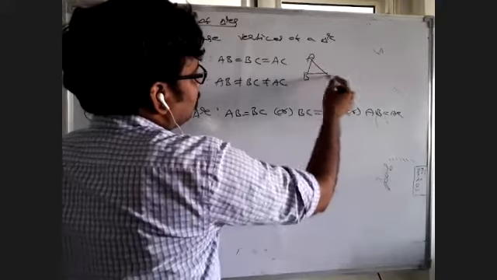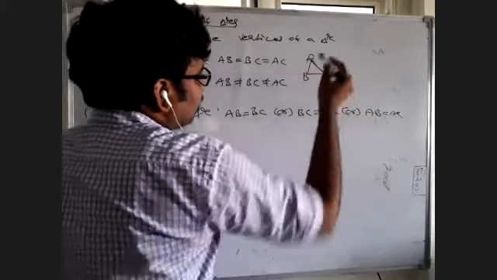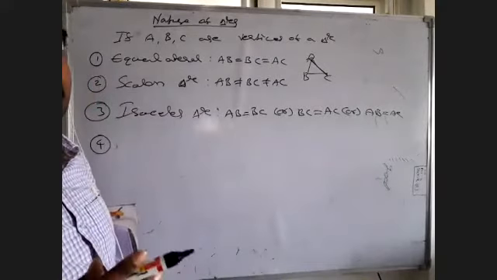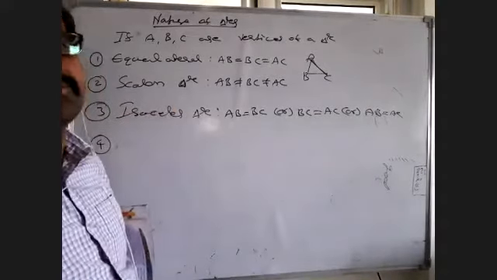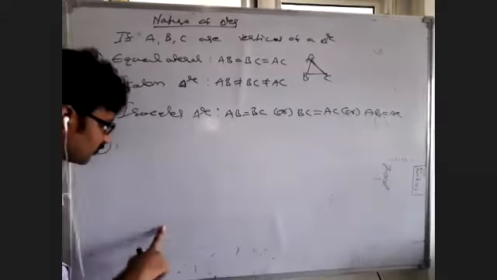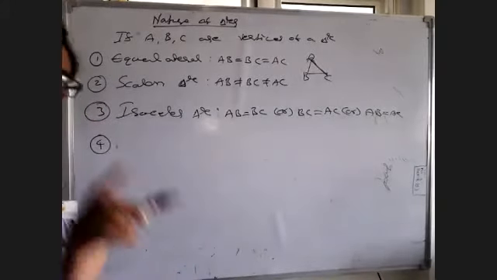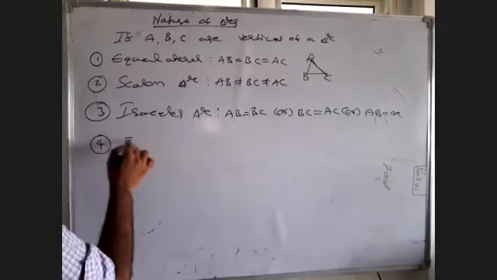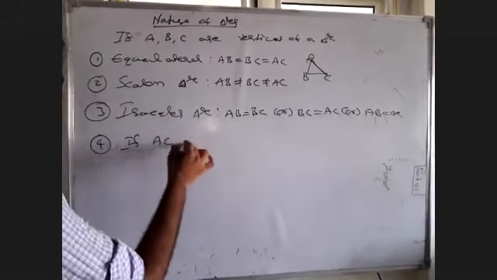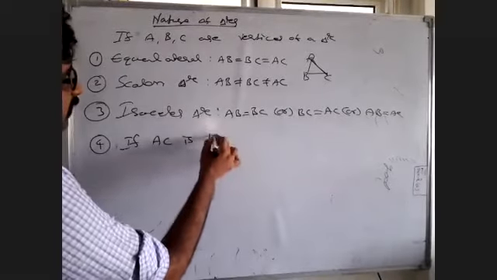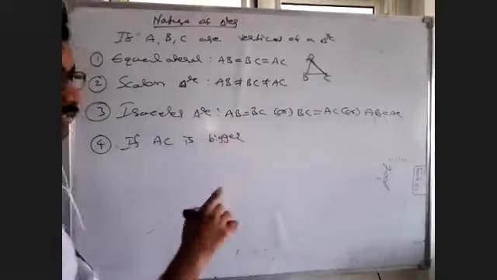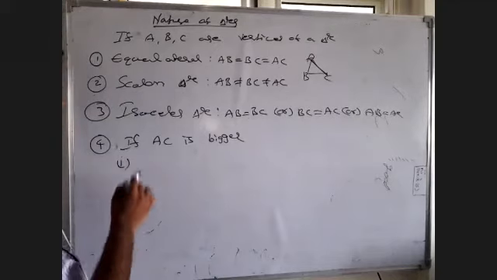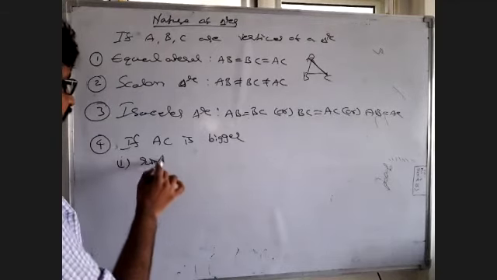if side AC is big compared to AB and BC, then we will get four more types, not three. If AC is bigger than AB and BC, then you will get first, the right angle triangle.